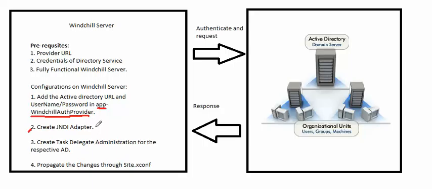There we create our JNDI adapters. In the JNDI adapters we provide the provider URL of the Active Directory, the credentials, and some additional properties, like whether the LDAP structure is a subtree or a single level. Basically it will be a subtree.